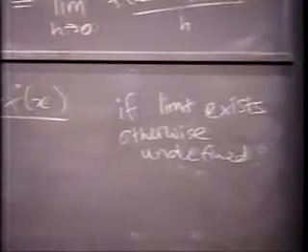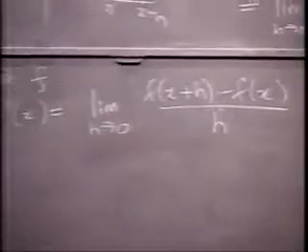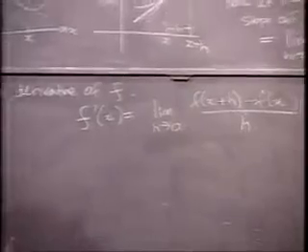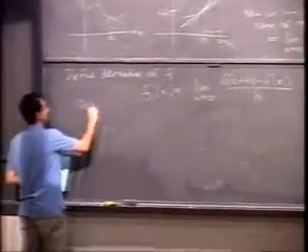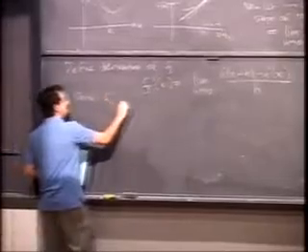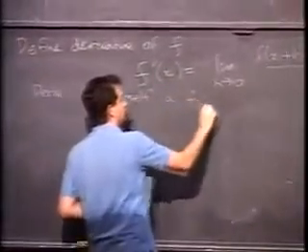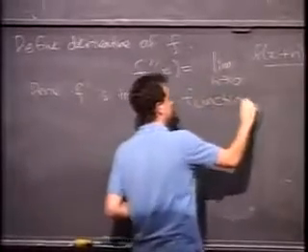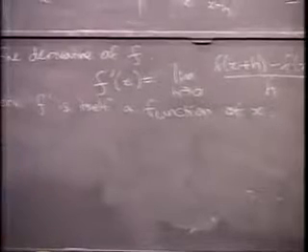So that means that this value, f prime of x, depends on x. Another way of saying that is that f prime is a function. So the derivative, f prime, is itself a function of x. So we start off with a function of x, and we get a different function of x.